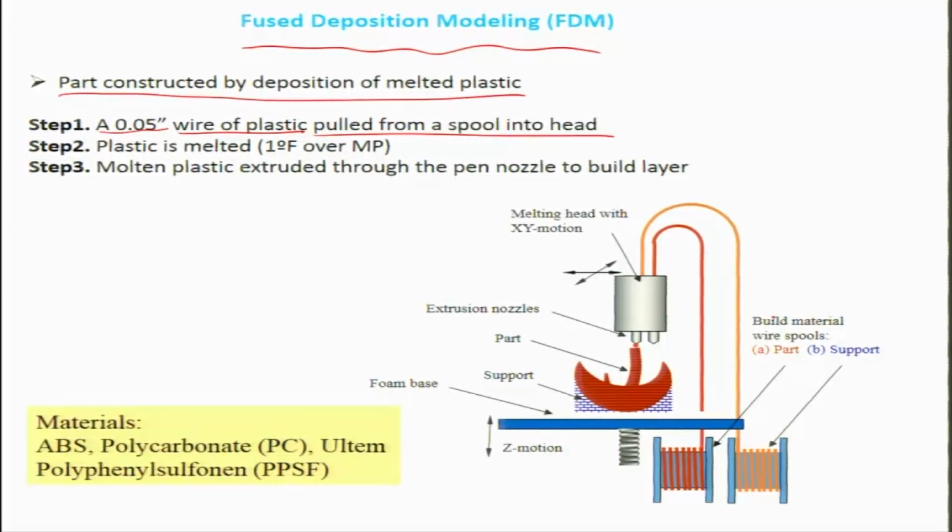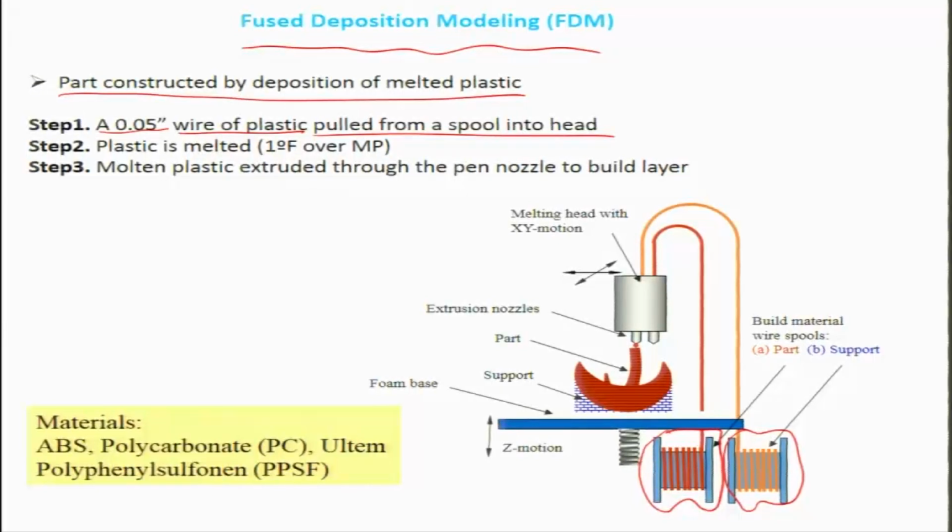These are different wire spools. There are two different spools from which wire is being fed. One corresponds to the part material, the other to the support material. They may be the same or different polymers. The program is such that the support material is always printed in a less dense manner than the part material, so that separation becomes easier.